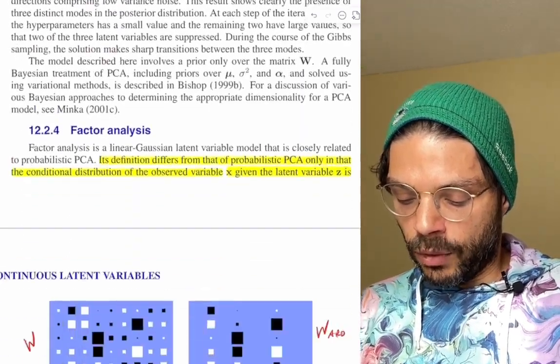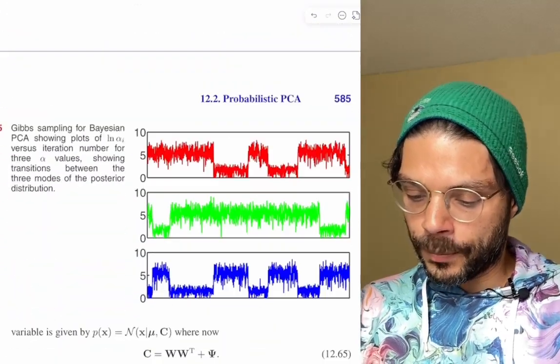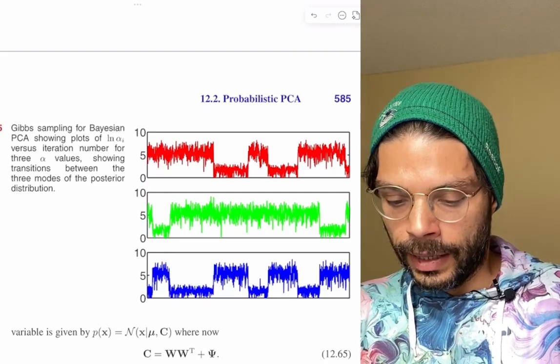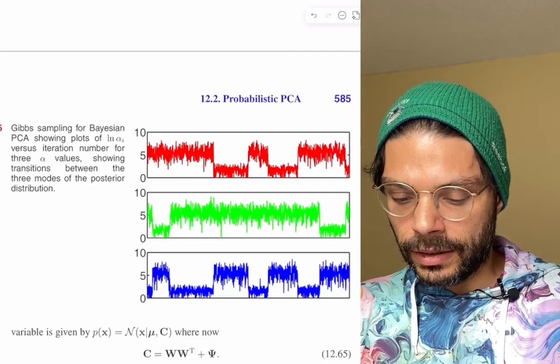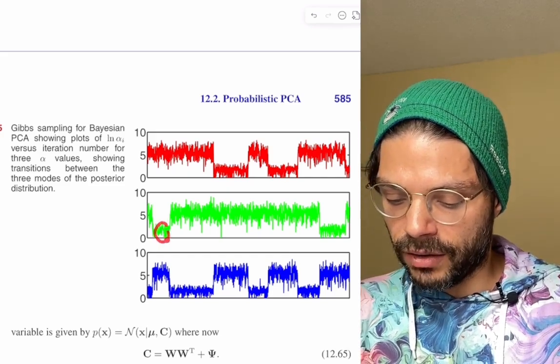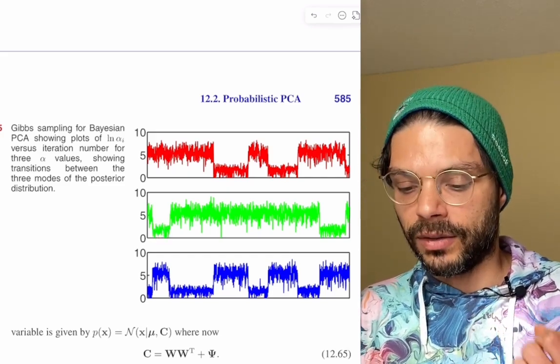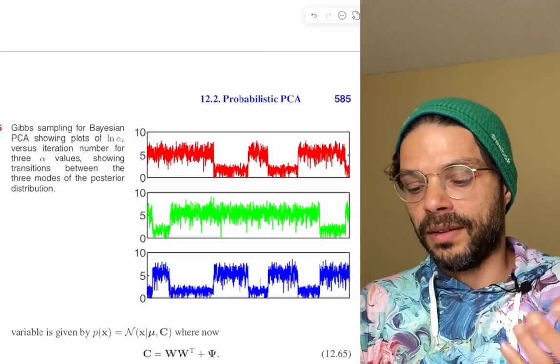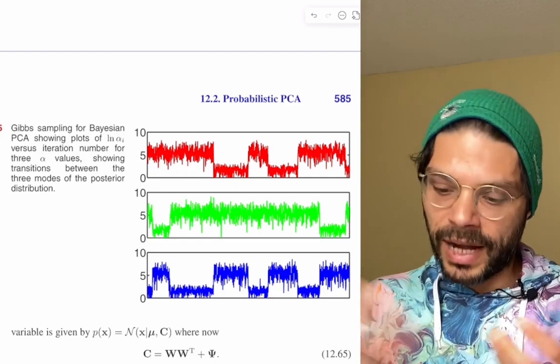Essentially what he's saying is, if you look at this, at any given time only one of these values of alpha i is small. When alpha i is small, it basically means that column doesn't have a penalty.